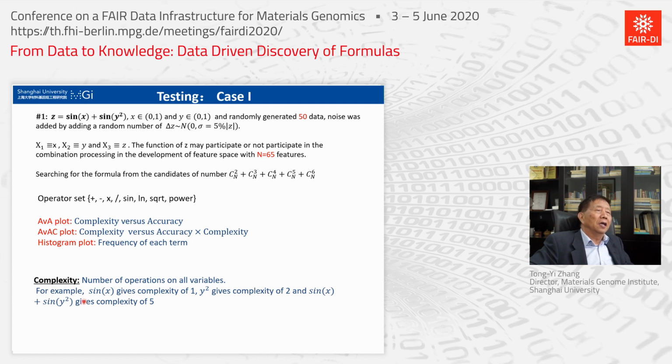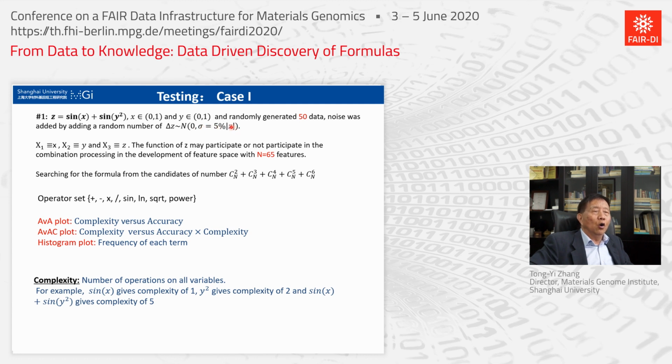The testing function is like this: v equals sine x plus sine y squared. Say x is in the region from 0 to 1, and y is also in this region. Then we randomly generate 50 data points. The noise is a random number with a standard deviation of 5% of the absolute value of z.